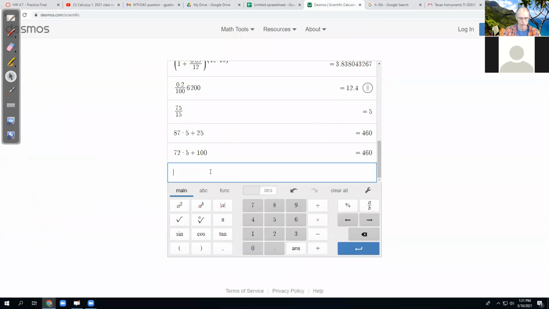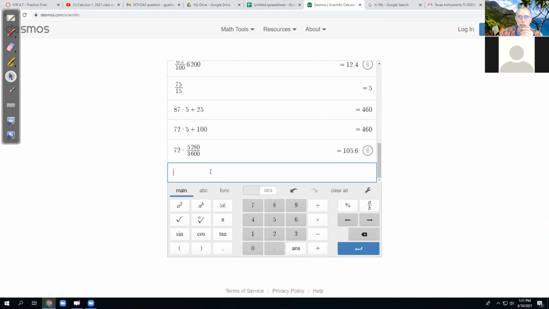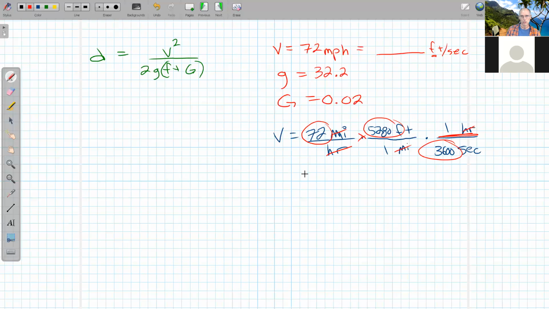There we go. So 72 times 5,280 divided by 3,600. I get 105.6. If I typed it right, I'll double check that in a second. And that should be feet per second, which is what I need to use in the formula. And then the formula says to square that.